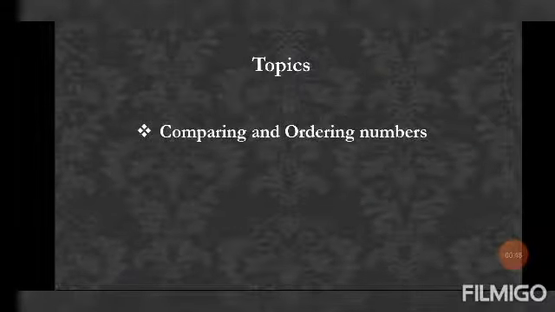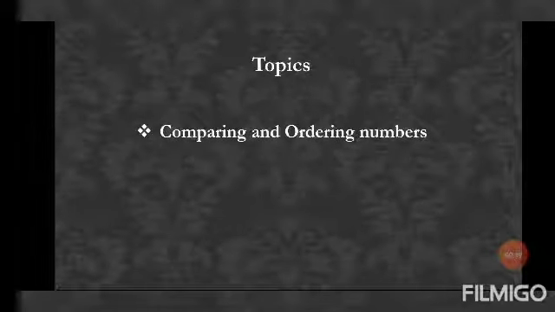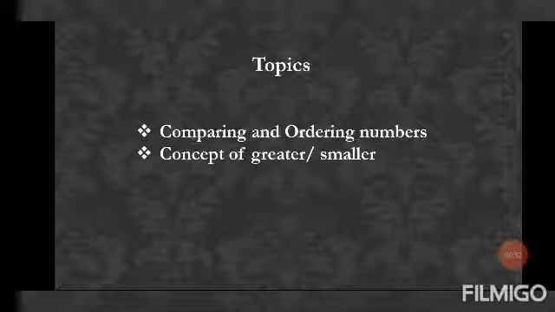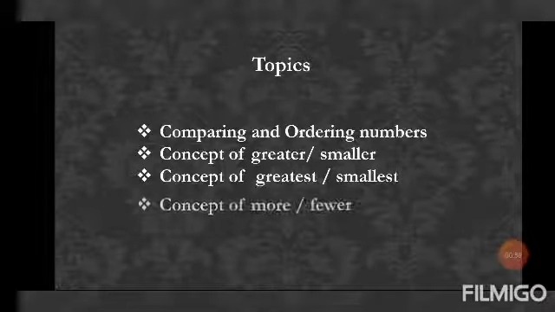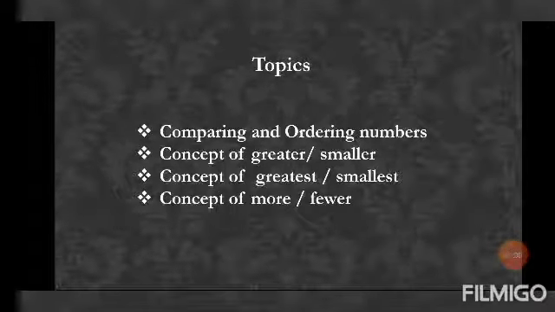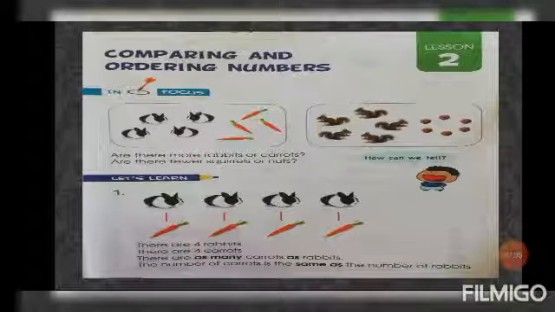Today in this video we will learn about comparing and ordering numbers, and in that lesson we will learn about concepts of greater and smaller, concept of greatest and smallest, and concept of more and fewer. So my lovely students, get ready and open your book.